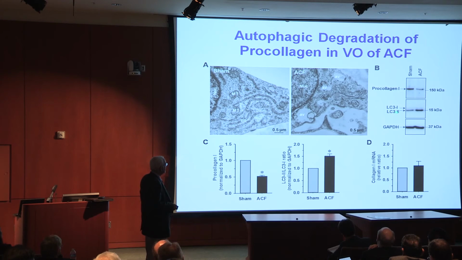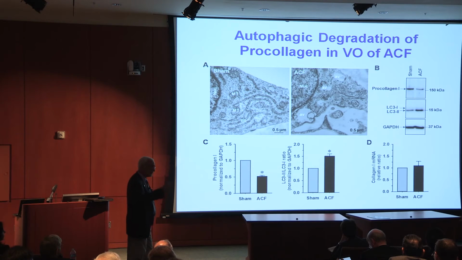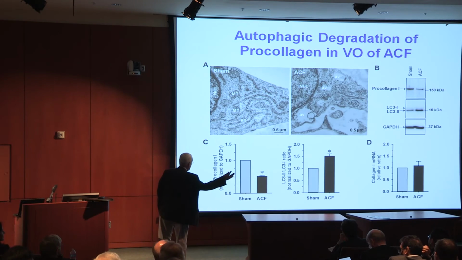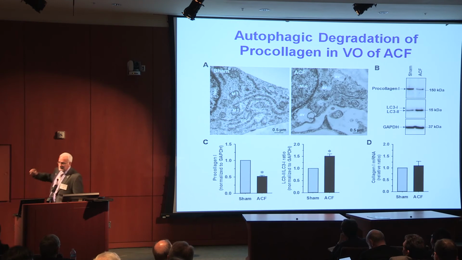The LC3-II to LC3-I ratio is, that's procollagen. The procollagen in these fibroblasts is markedly decreased, right here, quantitated. The LC3-II to LC3-I ratio is increased, and message for collagen is unchanged, even though there's increased adrenergic drive, which is usually associated with fibrosis and the renin-angiotensin system.